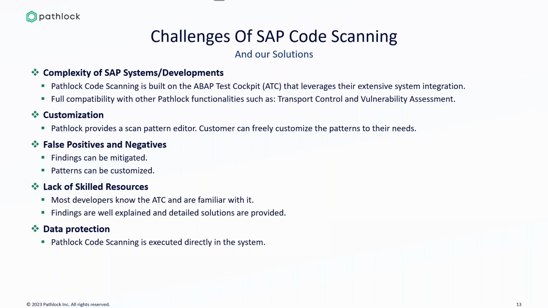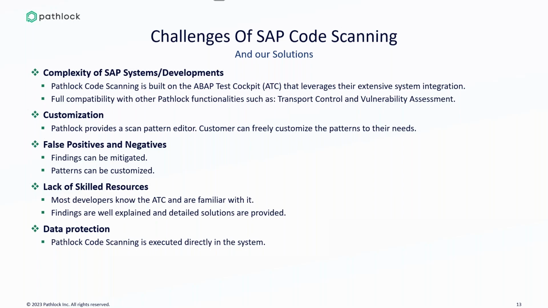But why we need to extend the ABAP test cockpit, I think most of you also know: the ABAP test cockpit has good functionality in the area of performance, syntax checks, and so on, but it really lacks in security. And what Pathlock is doing is we just extend the content with our own content in all the fields of security.